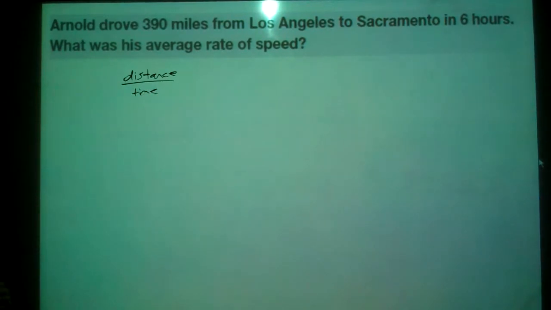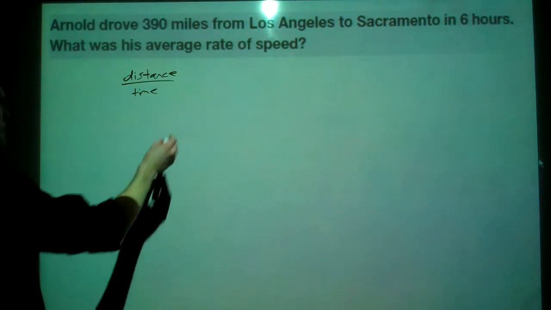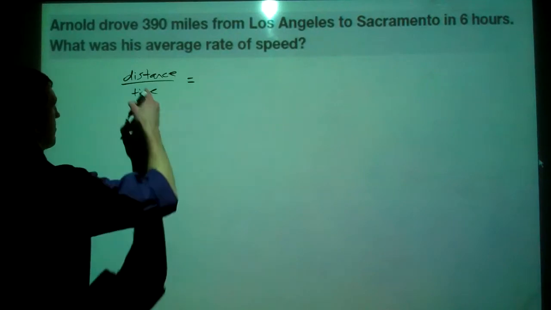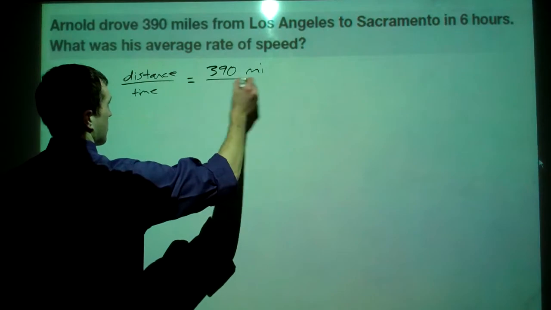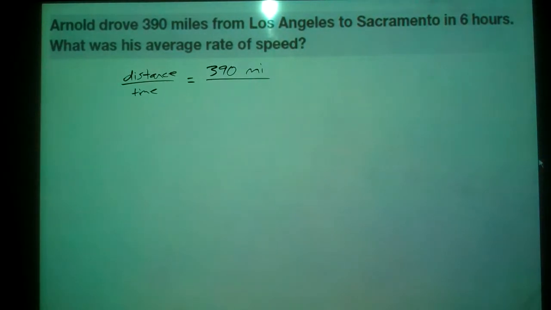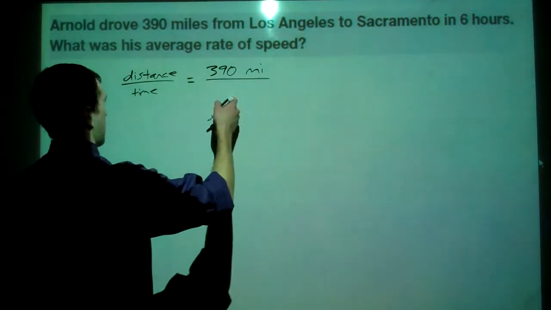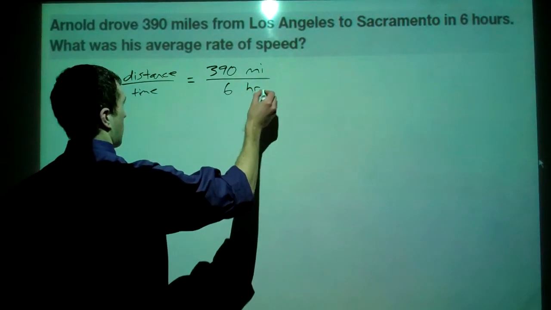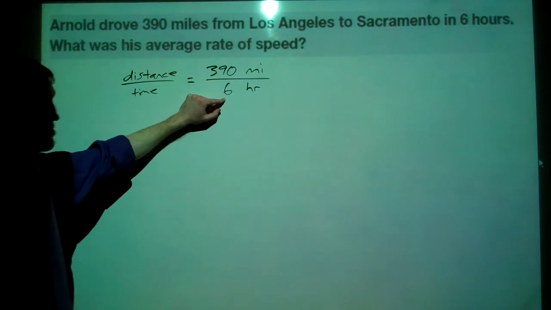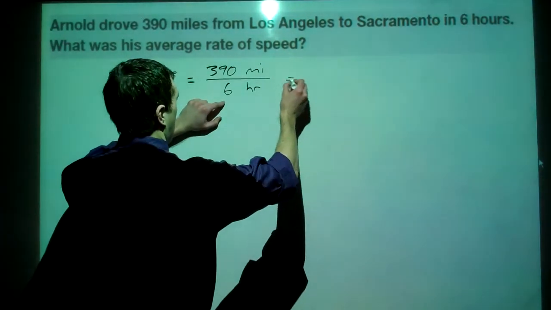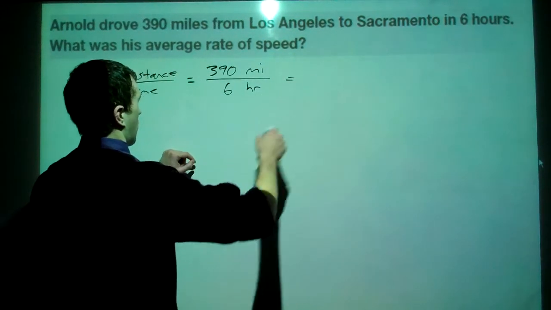In order to figure this out, we would set this up as 390 miles, that's the distance, per our time, 6 hours. Time matches with here, so 6 hours. So 390 divided by 6 should give us our answer, and we're going to be in miles per hour.